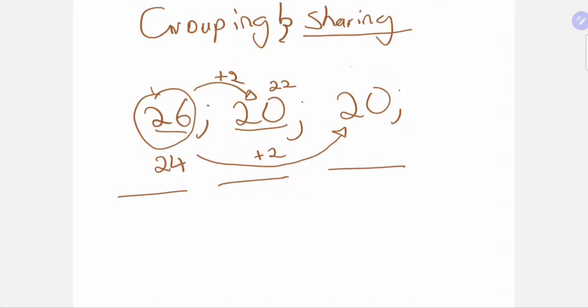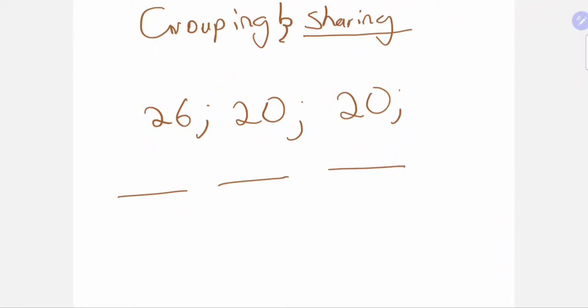And because we have basically minused 4 from 26, we would then be left with 22. I'm sorry for the mess, but you know how messy it gets in class.